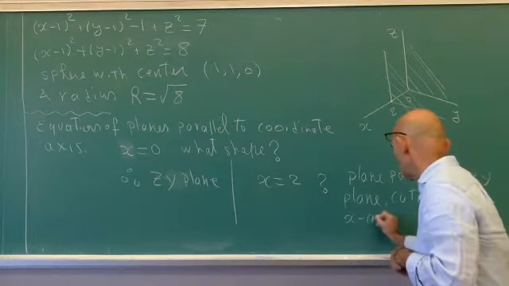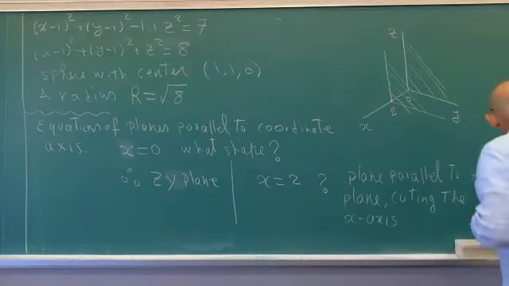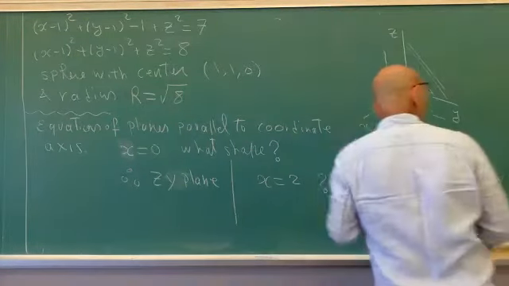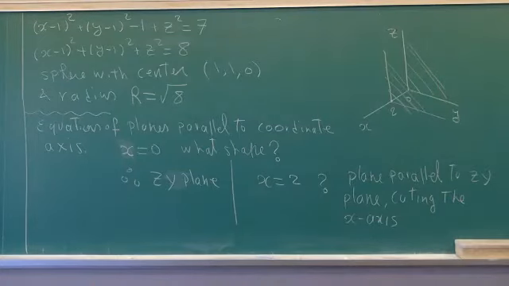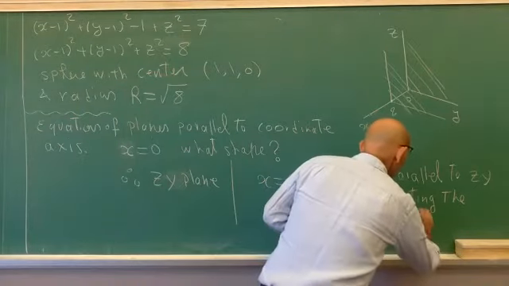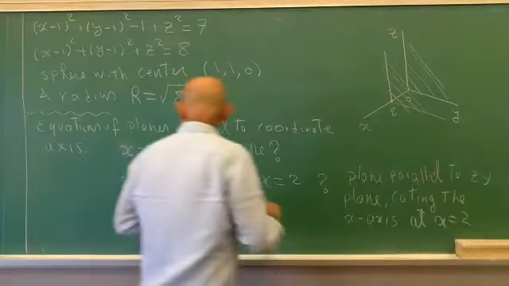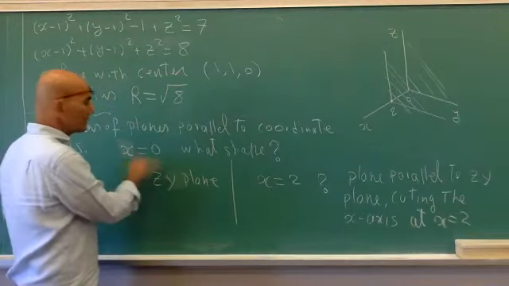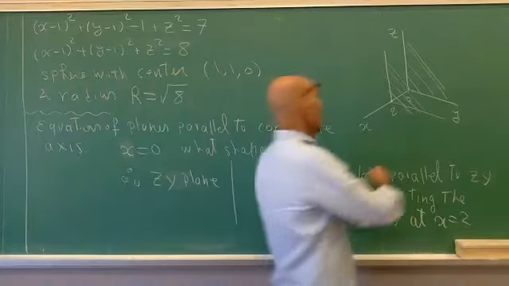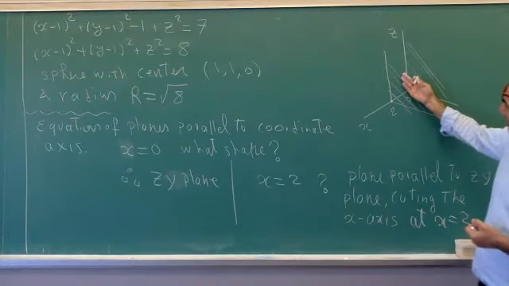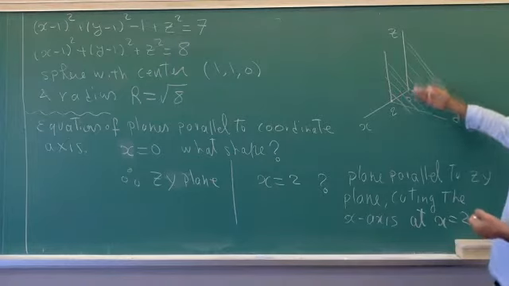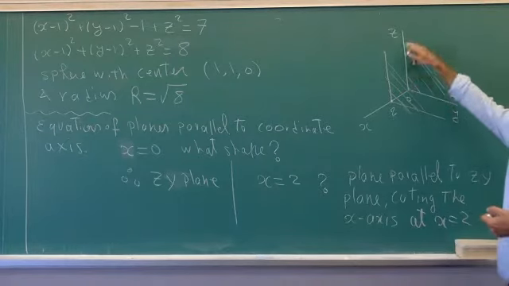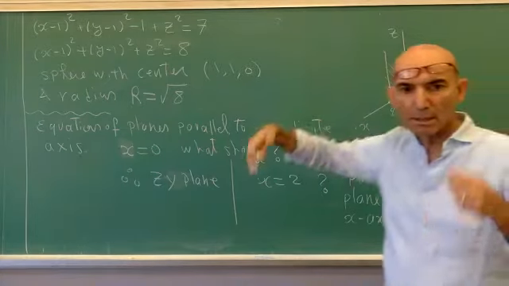So basically we now know how to draw these planes. x equal to a constant, if the constant is positive, is a parallel plane going in this direction; if it's negative, it goes in the back of the zy plane, basically. That's what it is, right?